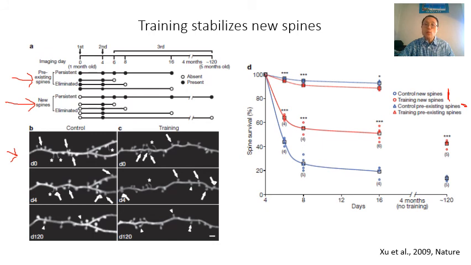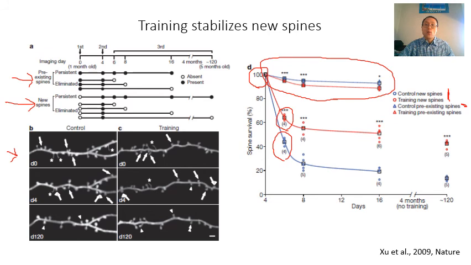And now D, what they're showing you is that you can see that the pre-existing dendritic spines are pretty stable. They do not get lost a lot. But the spines that are new really get lost quite a bit. Okay, you can see that it went from 100% in the training session all the way down to around 60%, and then around 50% when it comes to the control animals. But you can see that the additional training stabilizes the loss rate.